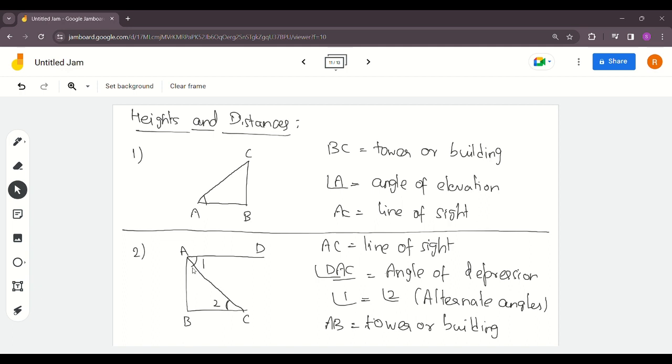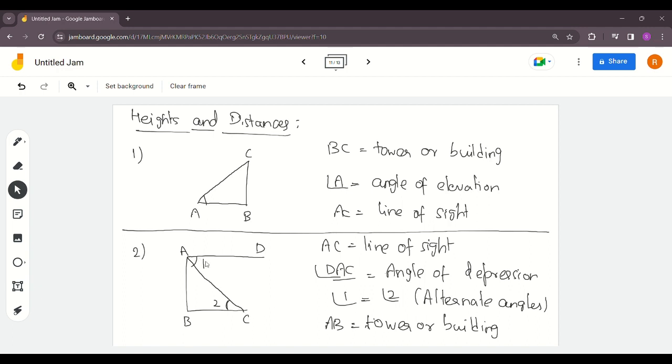For second case, when depression will be given, depression is looking from the top to the bottom. So AC here again is line of sight. You can see here angle DAC. AB is a tower. So A is nothing but the top of the tower. So from the top you are looking at the bottom. So angle DAC is nothing but the angle of depression. Here you can see that AD is parallel to BC.